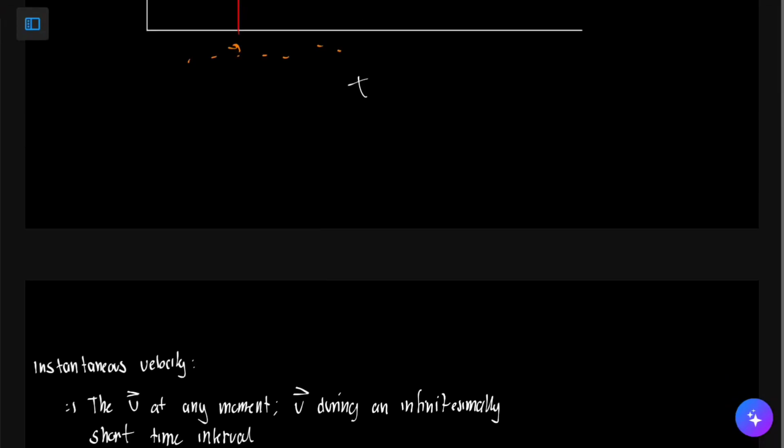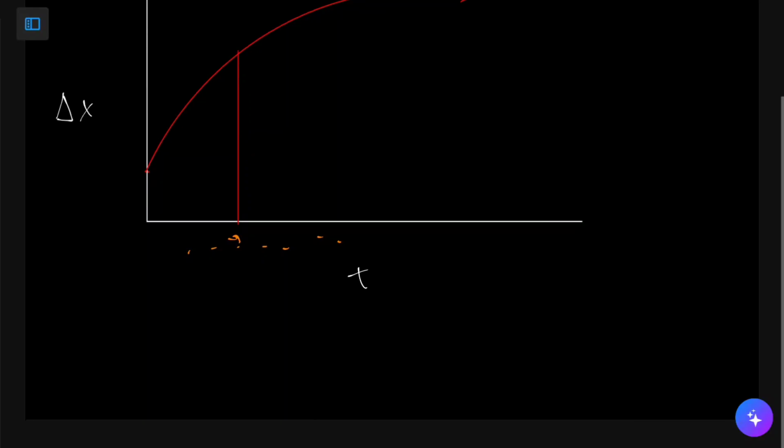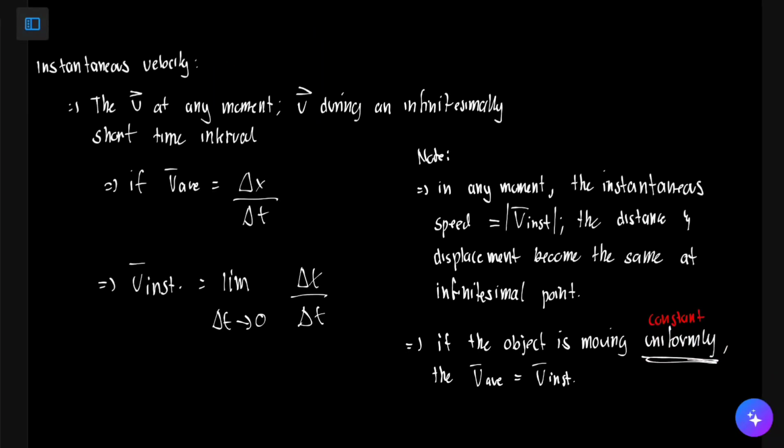Why is it a limit? Because we are calculating the velocity as time reaches 0, at an infinitesimally short amount of time, a short time interval, usually near zero. So that's why it's the limit.